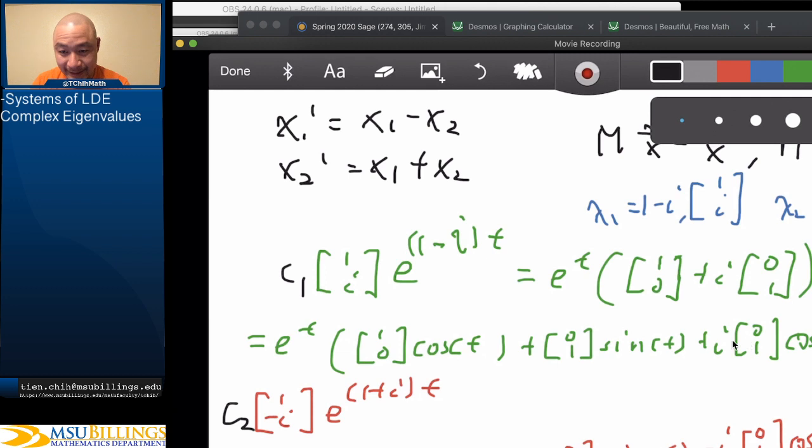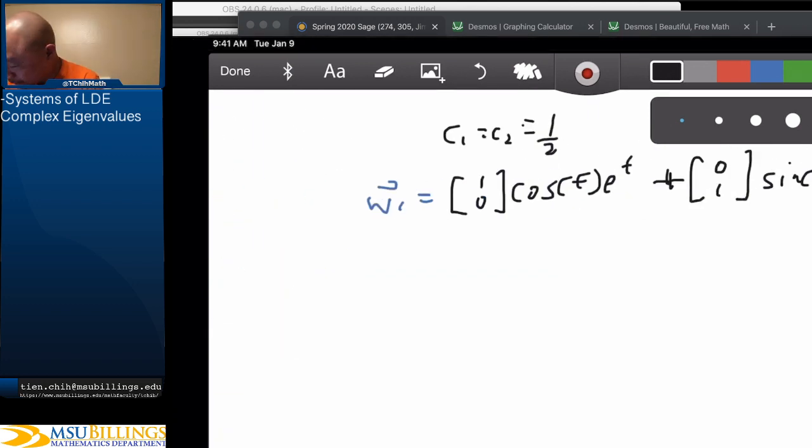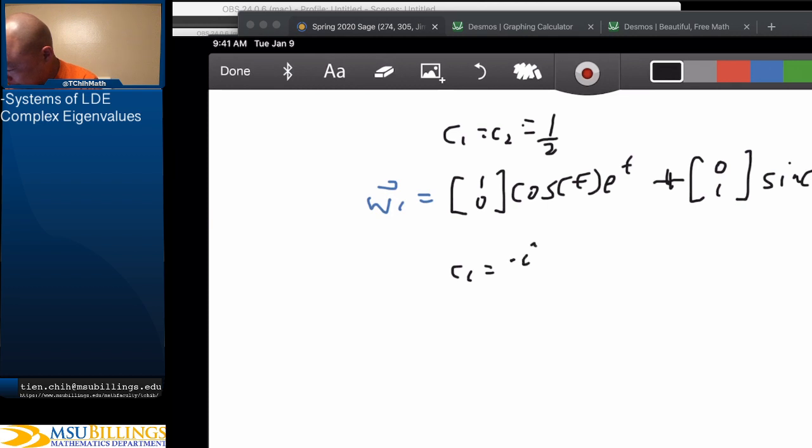So if I hit this guy with a minus i, this becomes positive 1, this becomes negative 1, this becomes negative 1, this becomes positive 1, and I would get this whole thing turned real but doubled. And so if I let C1 be minus i over 2, and I let C2 be i over 2.